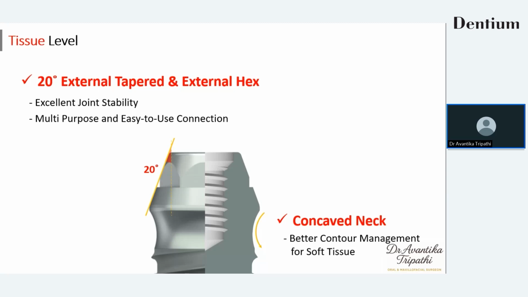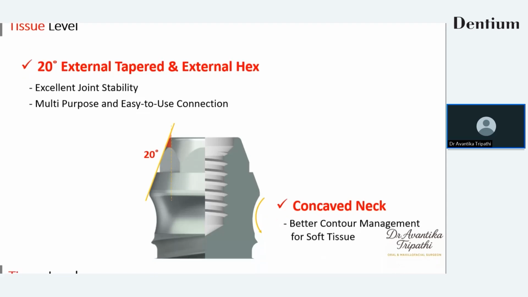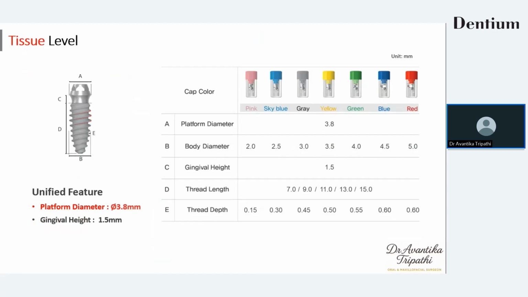It has a concave, contoured neck, which allows the soft tissue to adapt around the neck very, very nicely. Diameters available in tissue level implants are 2, 2.5, 3, 3.5, 4, 4.5, and 5.